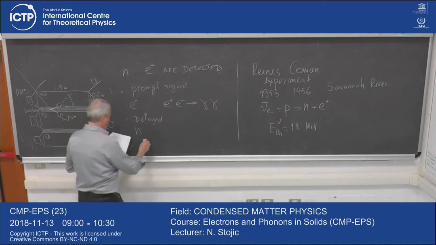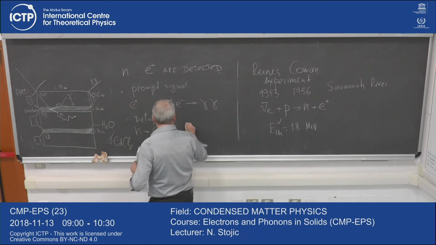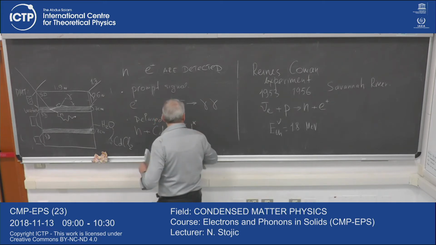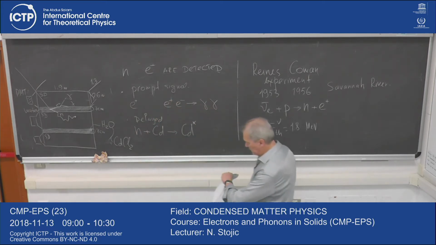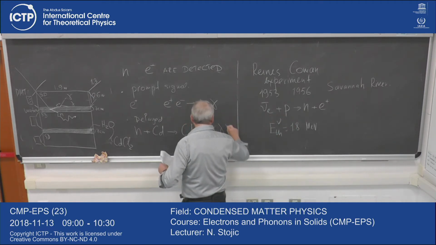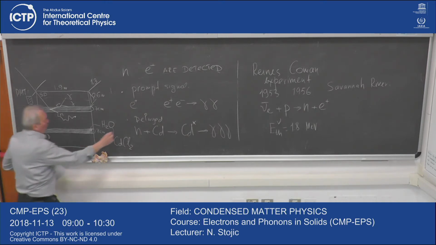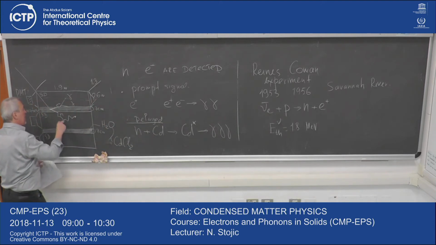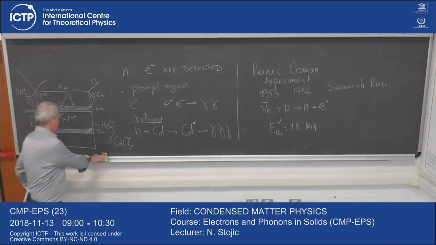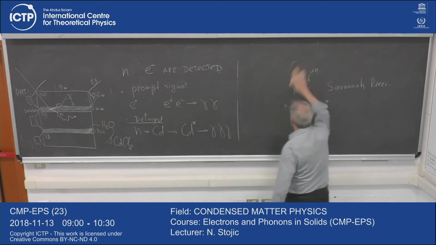So a neutron interacting with cadmium nuclei produces cadmium in an excited state, which then decays with emission of gammas, several gammas actually. So the signal is delayed because there is some time when the neutron moves inside the detector before it is captured by cadmium.